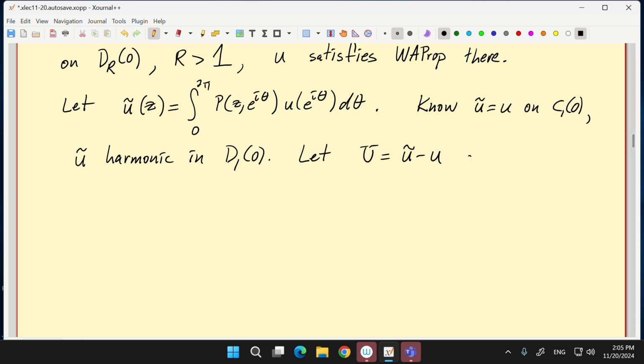And let's let m be the max of U on the closed unit disk. Well, let's suppose that max is positive.